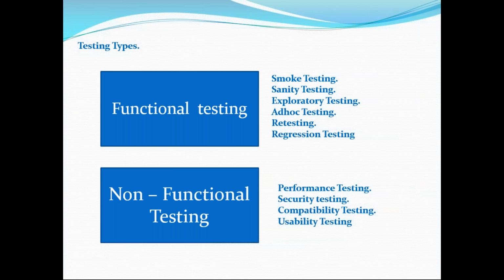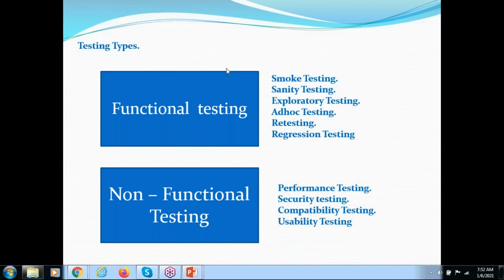After that, what did we learn? Testing techniques. There are two types, static and dynamic. Static, can you give me any examples? Code review, inspections, walkthrough, all come under static.